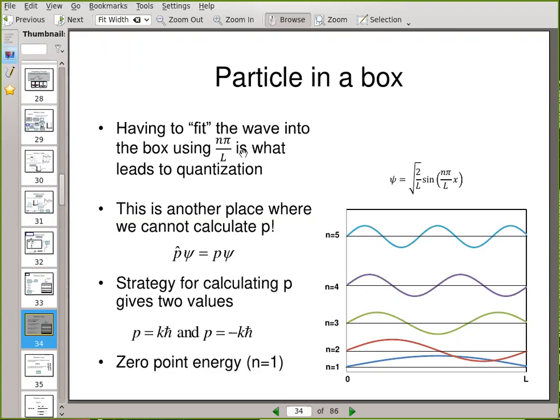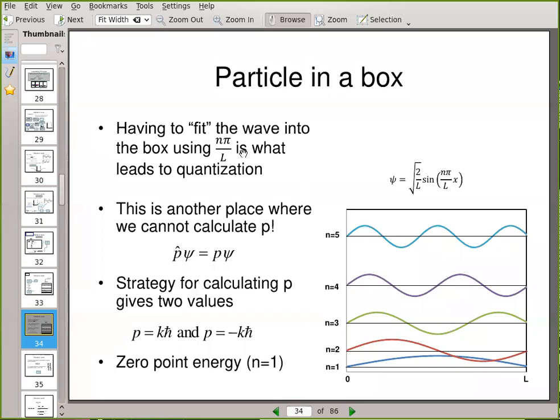And it's interesting that the zero point energy is n equal to 1. Now, this is partly the Heisenberg uncertainty principle creeping in again, because by confining a particle to a region of space, you're becoming quite certain about the position of the particle.